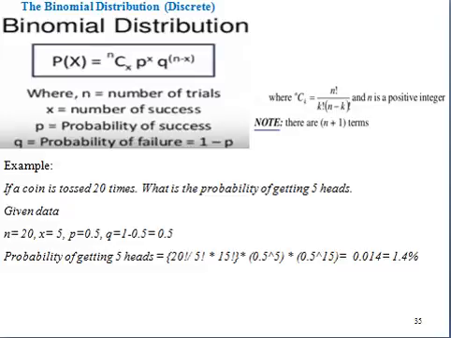The probability of getting a head on a fair coin is 0.5, so p would be 0.5, and q, which is 1 minus 0.5, is equal to 0.5 also. Once I plug in the values here, I'm going to get 1.4%. That's my answer. So the probability of getting 5 heads if I toss a coin 20 times is 1.4%.